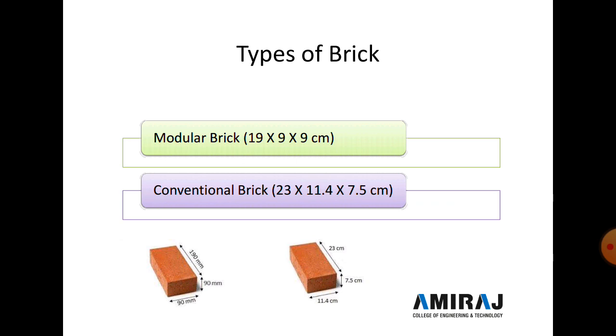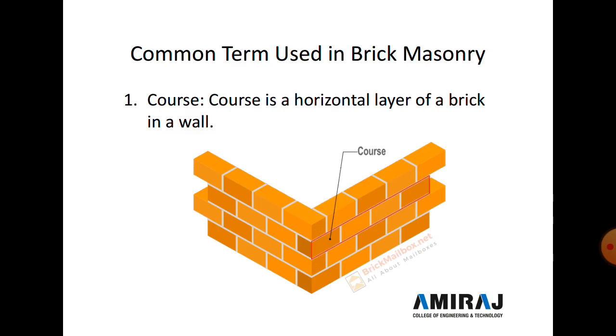Both figures are seen on the screen. In the modular brick, the size is 19 by 9 by 9, and all dimensions are in centimeters. The conventional brick size is 23 by 11.4 by 7.5 centimeters. Generally in construction, the conventional brick is used the most.